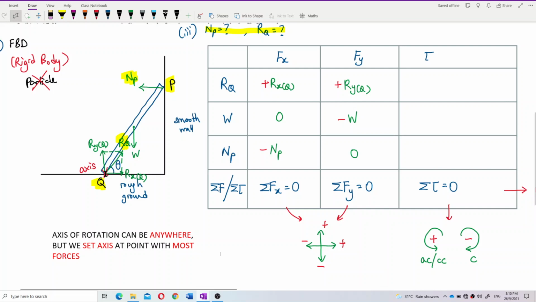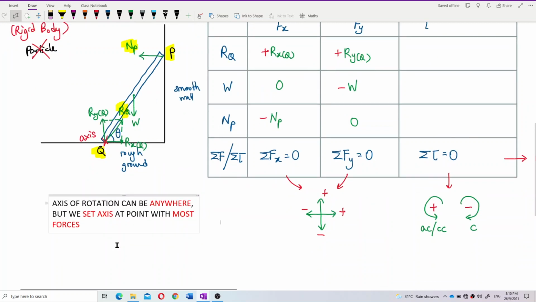That's the purpose, to simplify our calculation. Why do we set at point Q? Actually, we can set at point P also. But why do we set on point Q? Because we want to simplify our calculation. You will see why.